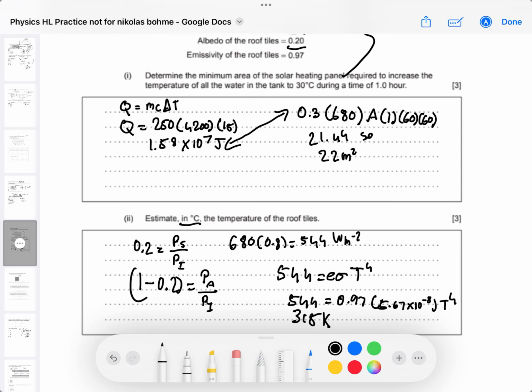It asks for it in degrees Celsius, so we subtract 273: 315 minus 273 equals 42 degrees Celsius.